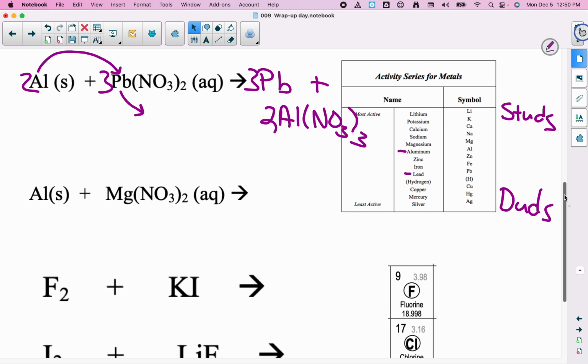Nitrate has enjoyed a beautiful evening out to dinner with magnesium, and aluminum sees the lovely nitrate at the dance, and swings on over and says, "Hey nitrate, wouldn't you rather be with me?" And what does nitrate say? No. Because nitrate won't pick aluminum over magnesium, because magnesium is up here, and magnesium is a bigger stud than aluminum.